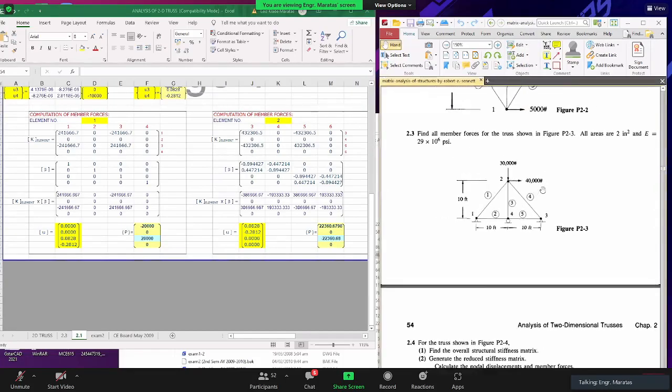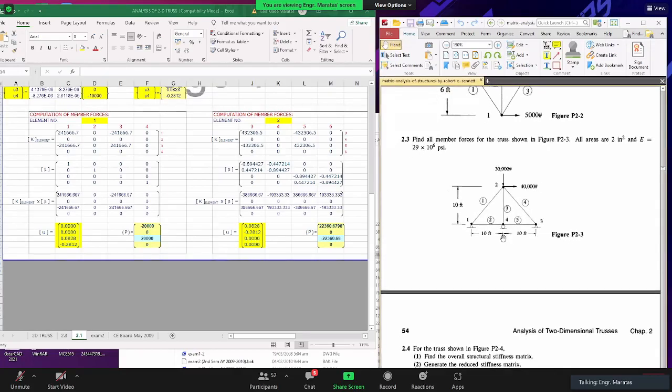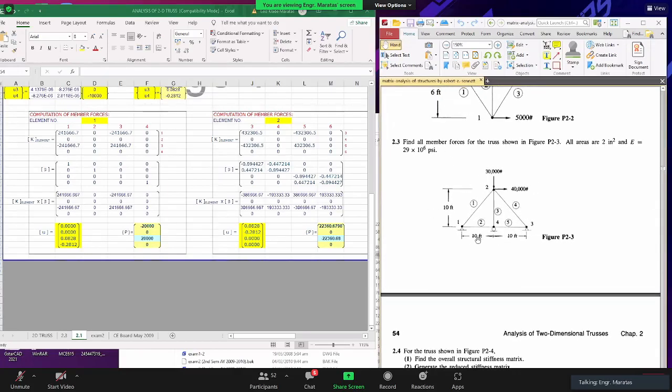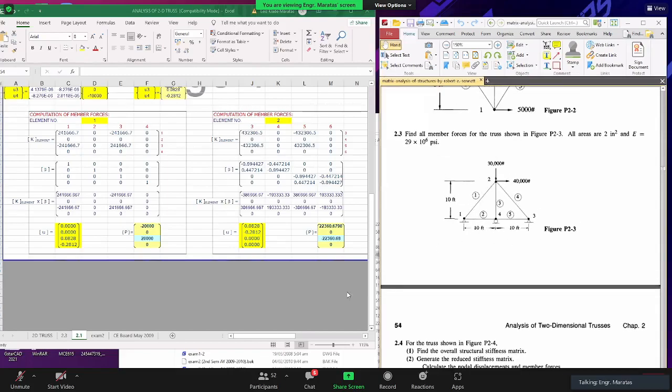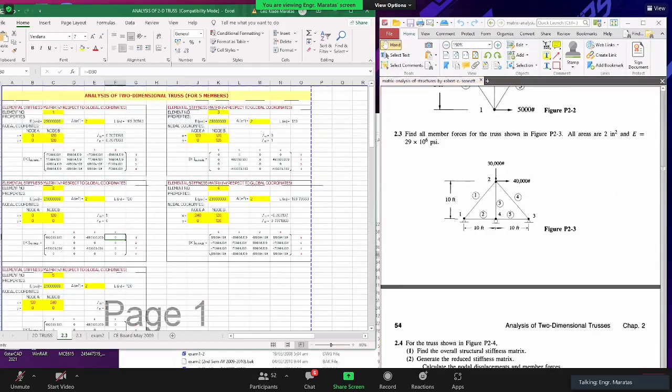Oh, this is also your assignment, no? Your assignment pa lang, ha? Okay, so just to give you an idea, how many members are there now? 5 members, right? That means you prepare 5 elemental stiffness matrices, no, for the 5 members.